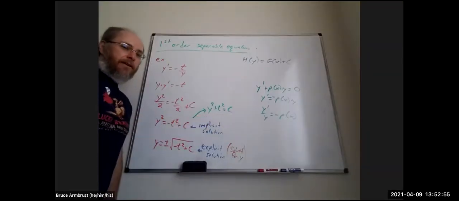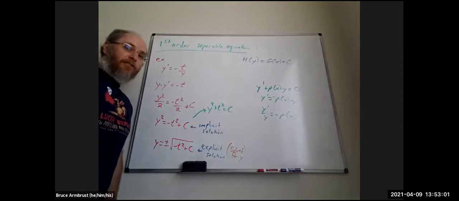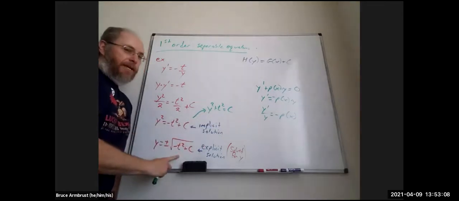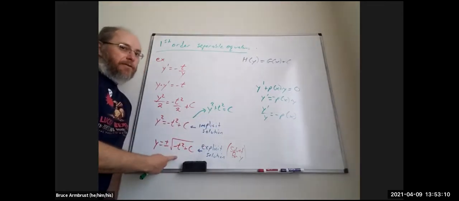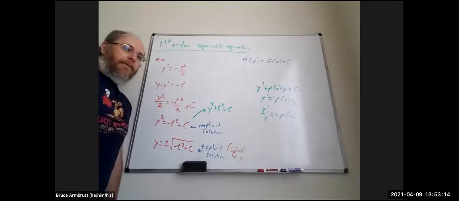Do you recognize what these equations are? What kind of graphs those are? It's a circle. Yeah, those are circles. So what we know is that the solution curves are circles. And it's kind of clear from this. This one, not as much, but these are semicircles. The plus is the top half, the minus is the bottom half.